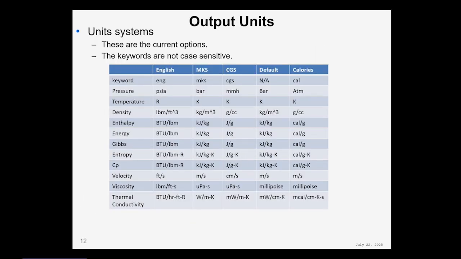When it comes to the output, these are the unit options. The keywords to identify them are identified here in the first row, and then these are the properties with the associated units that go with them.